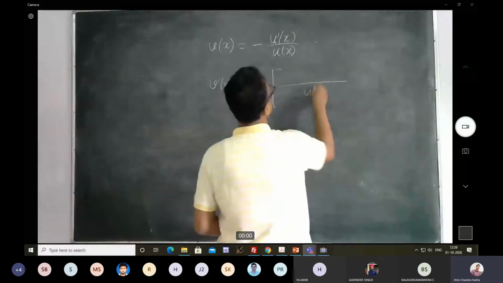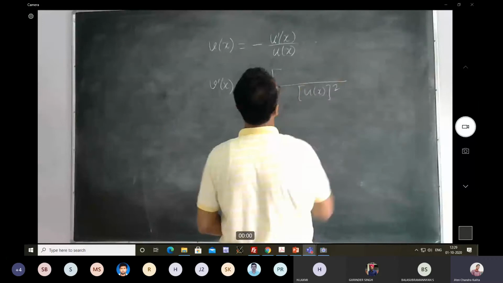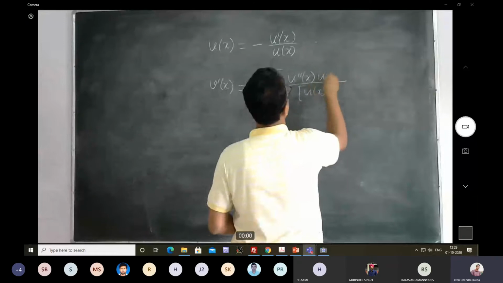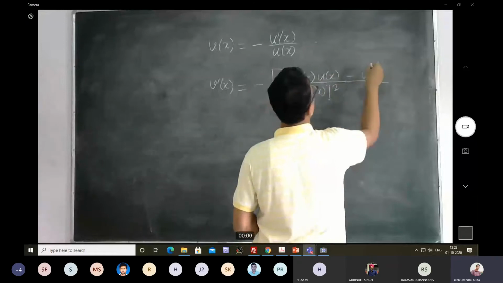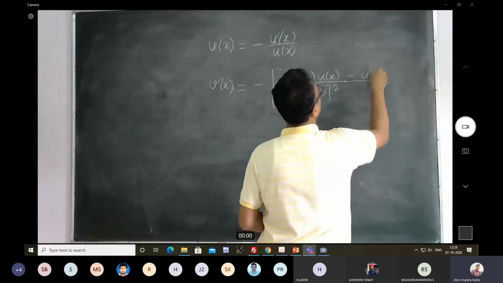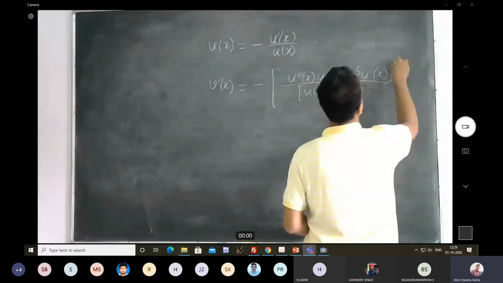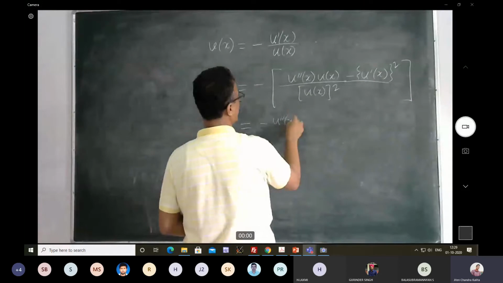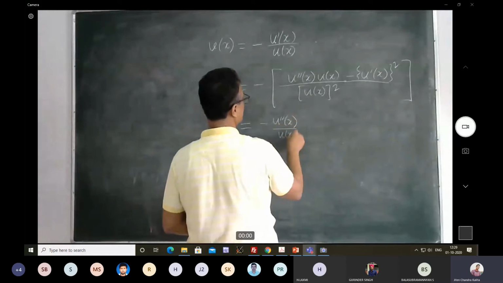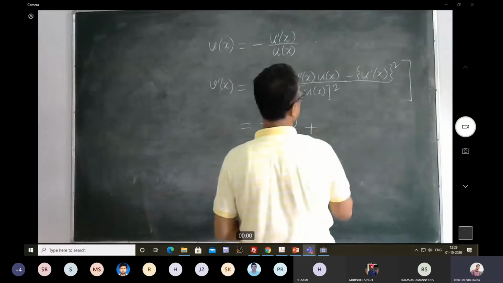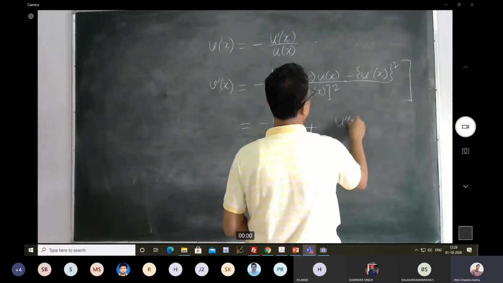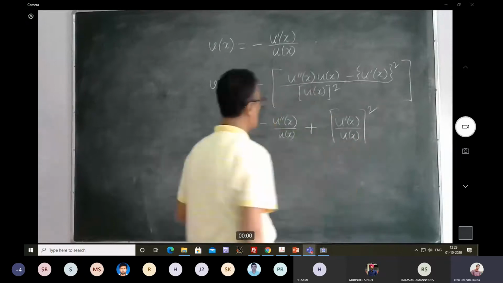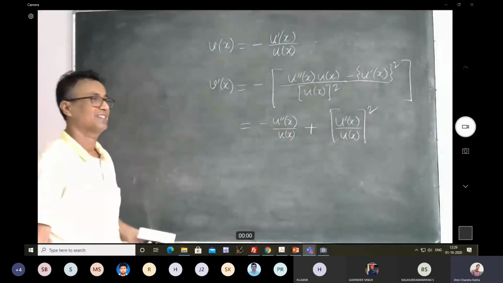So this is going to be u x whole squared, then u double prime x u x, then minus u prime x squared, right? So this is going to be u double prime x by u x plus u prime x by u x whole squared. Is it okay? Fine?